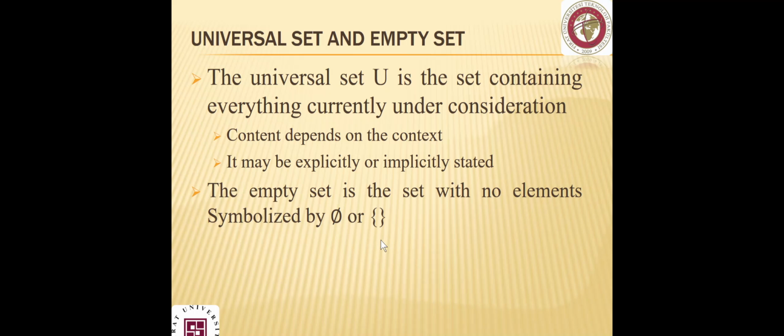Now we have a very important definition, two definitions actually, for two important sets. The universal set. The universal set is a set that includes all elements under consideration, and this depends on the context. What does it mean? If we're speaking about our class, discrete mathematics, when I say the universal set, that means all of you within this class. All the students within this specific class.